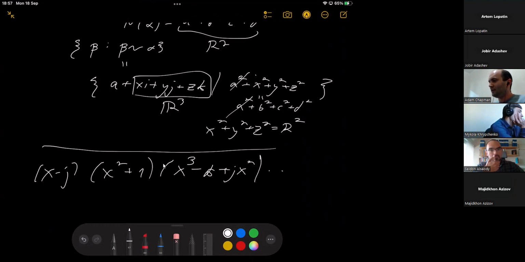You'll have to plug it back into the equation and get a trivial equation, which would mean that i is actually a spherical root, and then you can factor out x squared plus 1. So I don't see an easy way, unless it's really a central polynomial, and then obviously it doesn't matter whether you choose i, j, or whichever.